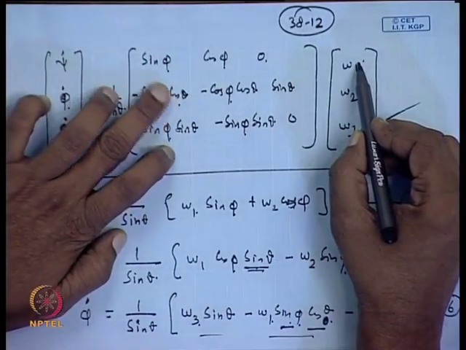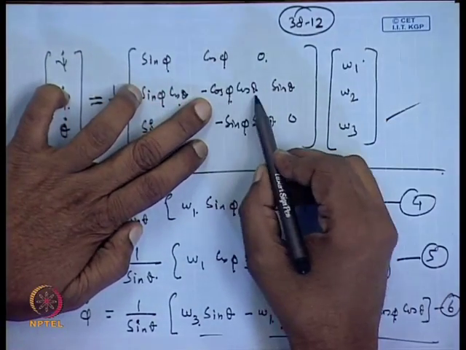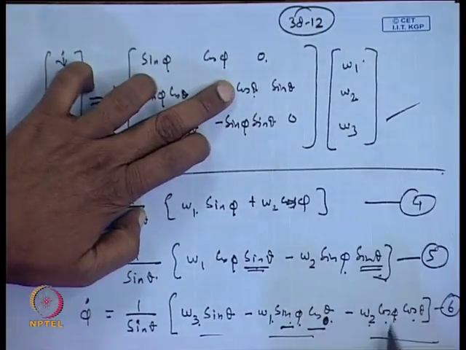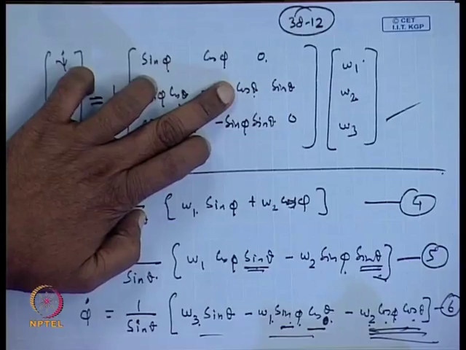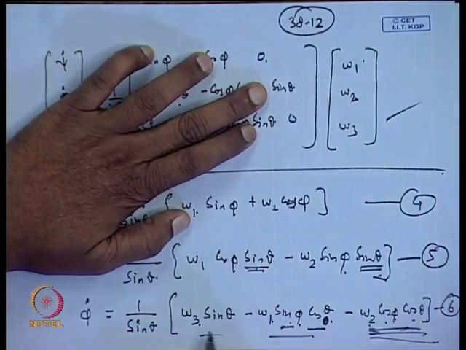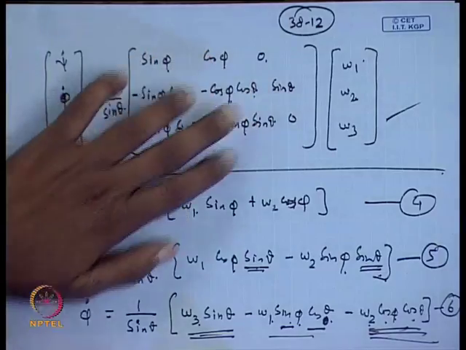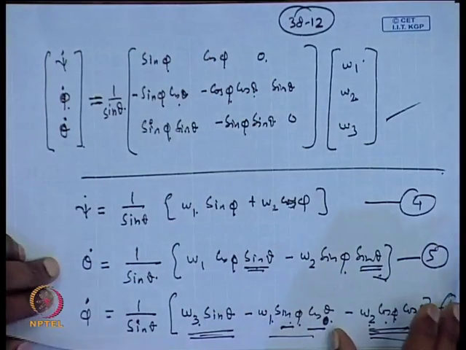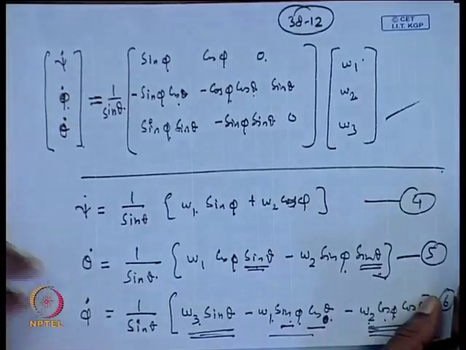This is the first element here. Then minus cos phi times cos theta multiplied by W 2. This term is here. And the last term is sin theta multiplied by omega 3. So, this just needs to be rearranged and this is easy to work out, but this is how the conversion is done from one reference frame to another reference frame.